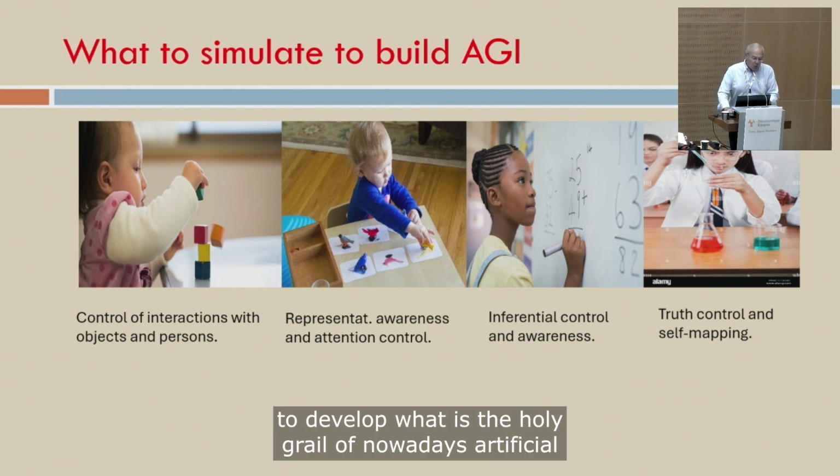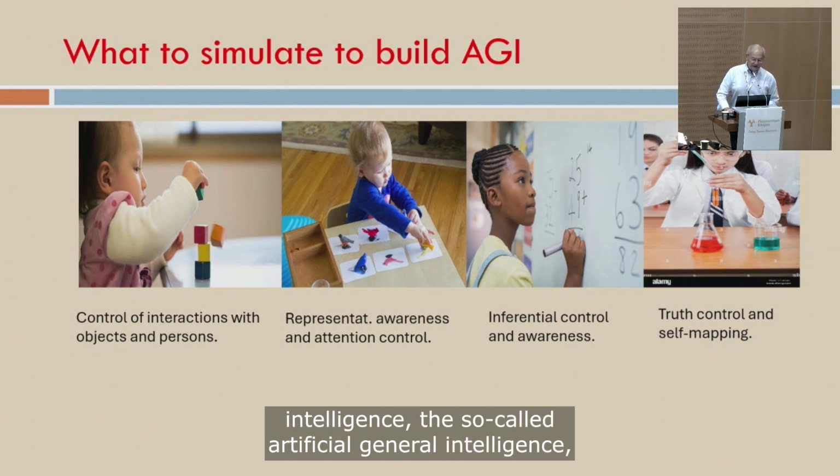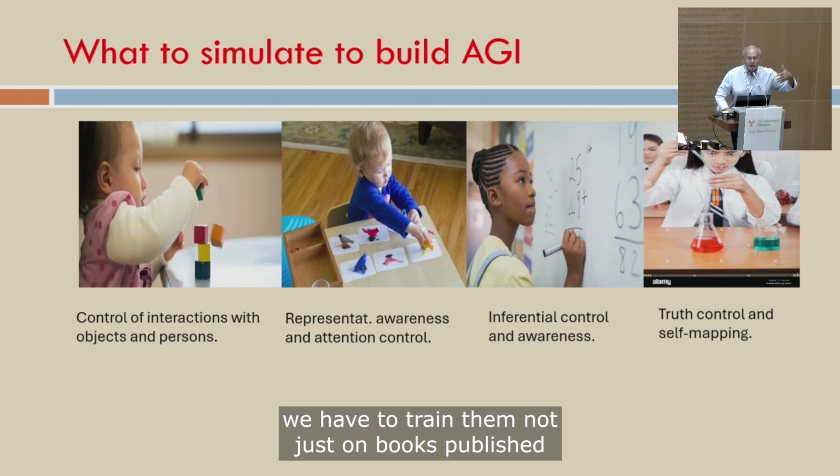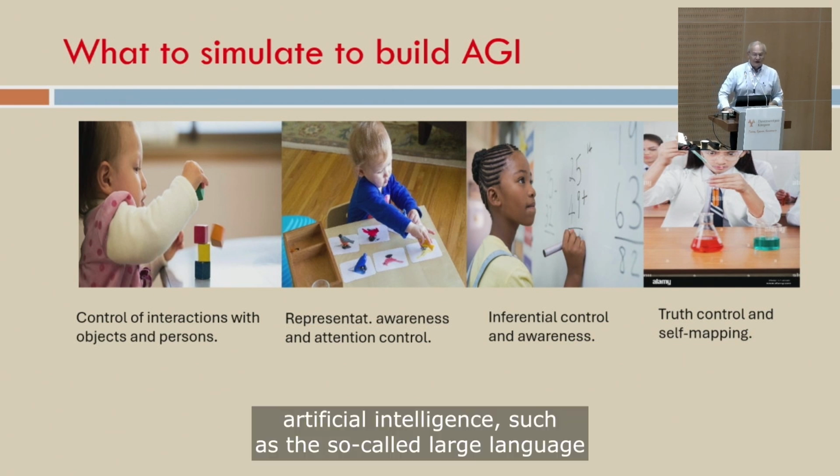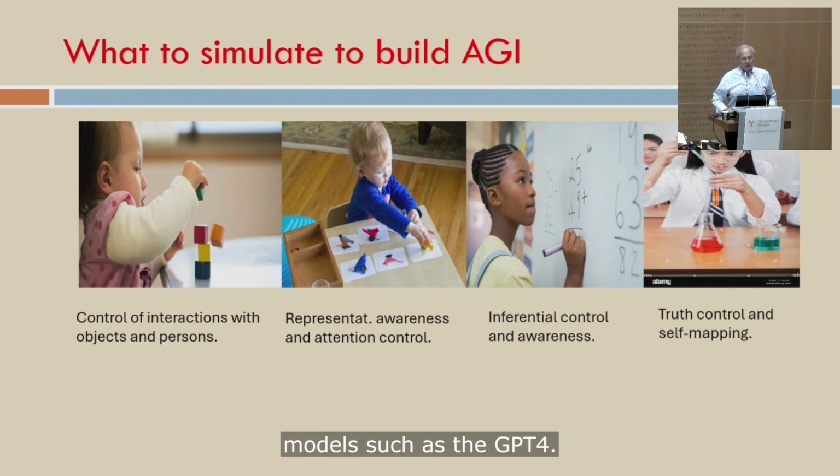So to develop what is the holy grail of nowadays artificial intelligence, the so-called artificial general intelligence, we have to train them not just on books published, as is the case with the current systems of artificial intelligence, such as the so-called large language models, such as GPT-4.